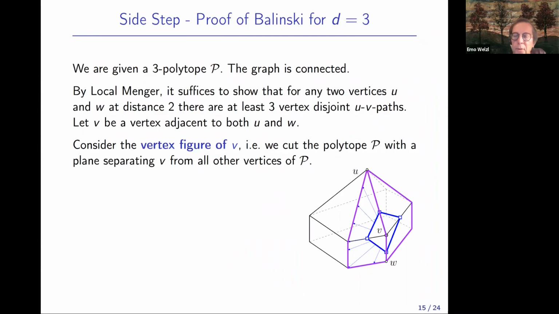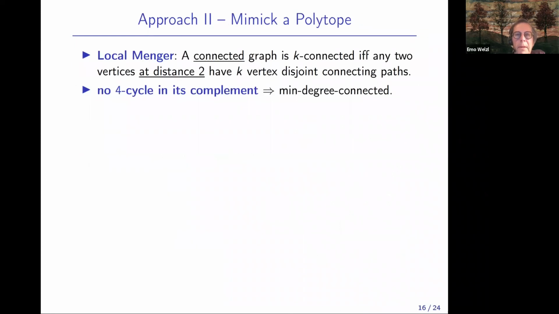But you should not be confused here, because I told you actually that the bistellar flip graph is not the graph of a polytope. So we have to be careful. This is just a piece of inspiration. But what we basically do is we mimic that the graph is a polytope.